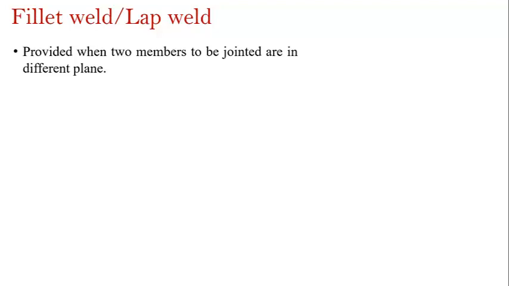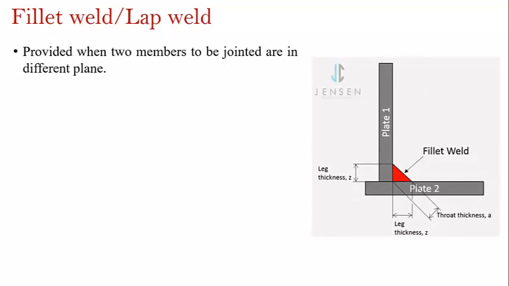So what does this different plane indicate? Here you can see the two plates. Plate one is the vertical one, and plate two is the horizontal one, and these two plates are overlapped here. This distance is the overlapping distance. They are overlapped in such a way that they are in different planes: one is in the x-axis and plate two is in the y-axis. That is what the different plane is.